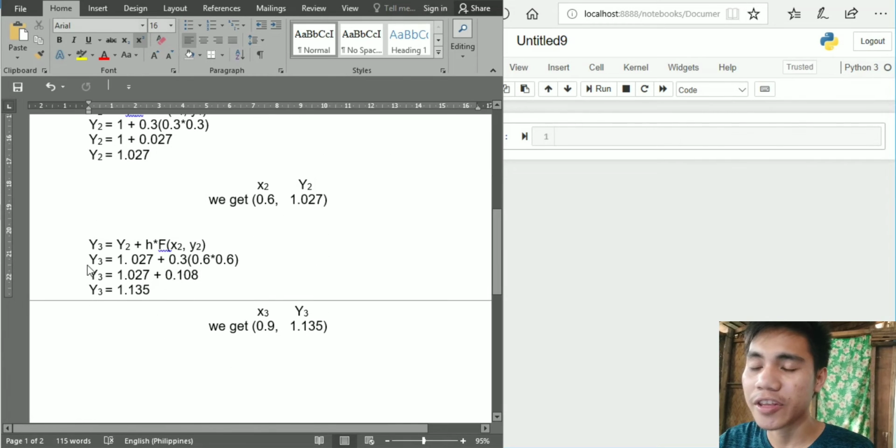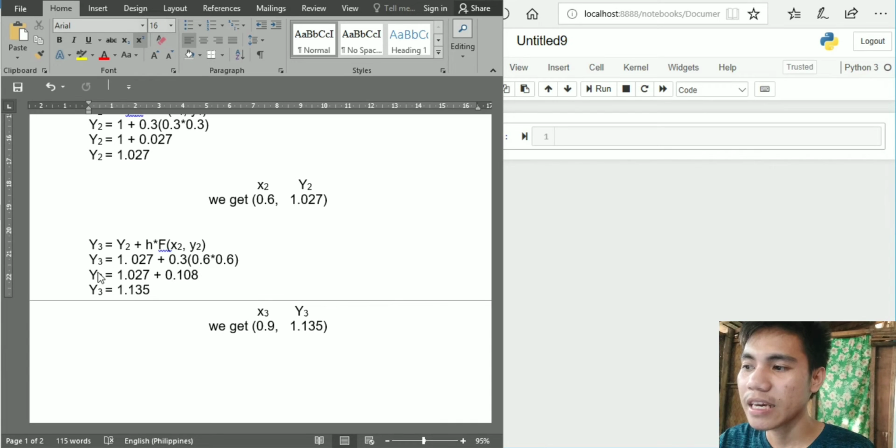For the third value of n, which is 3, we just substitute also, and y sub 3 is equal to 1.027 as indicated by this, plus 0.3 times 0.6, and we also assume that the value of y sub 2 is 0.6.